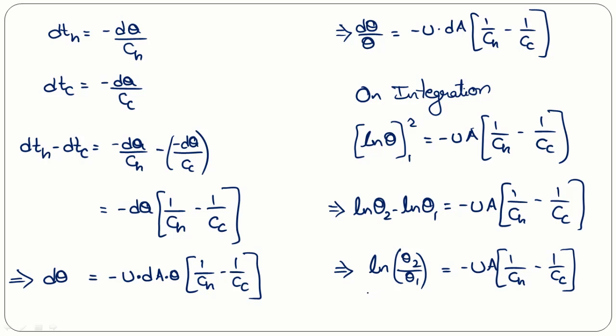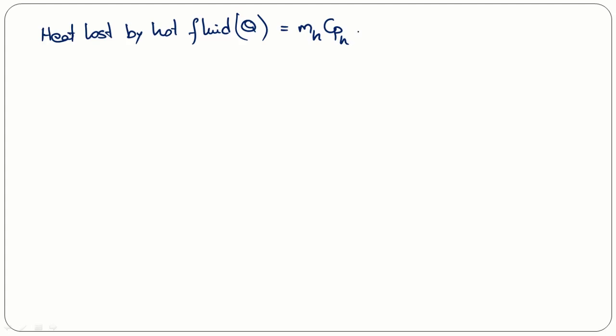Now, we know that heat lost by hot fluid Q is equal to mass of hot fluid, specific heat of hot fluid into TH1 minus TH2, which is nothing but heat capacity of the hot fluid into TH1 minus TH2.